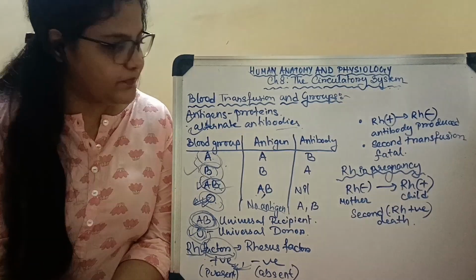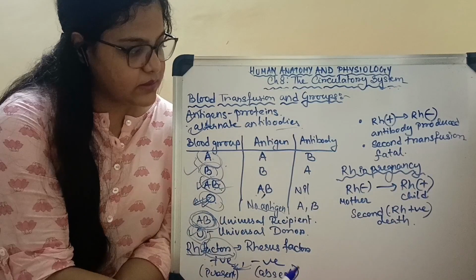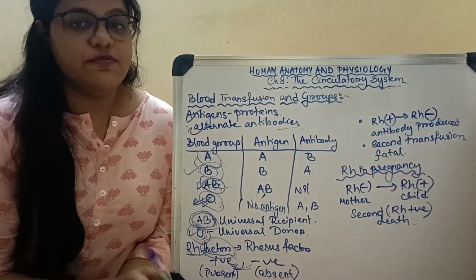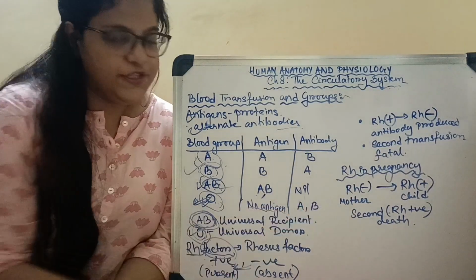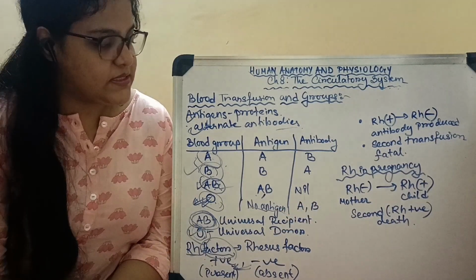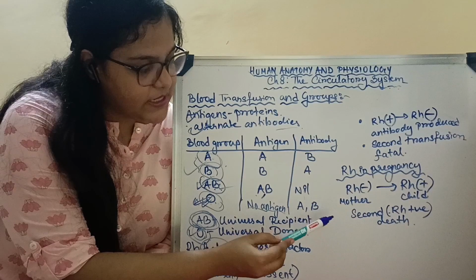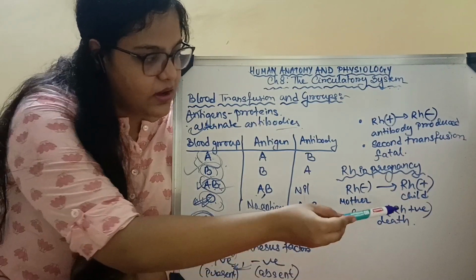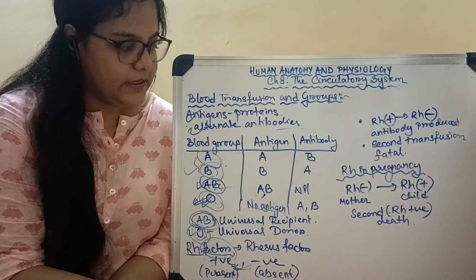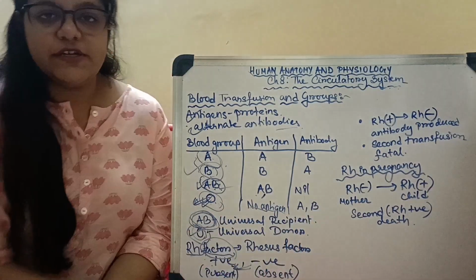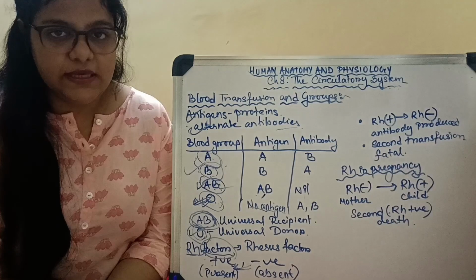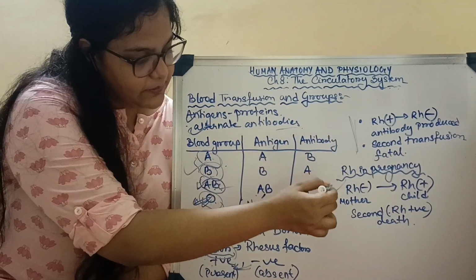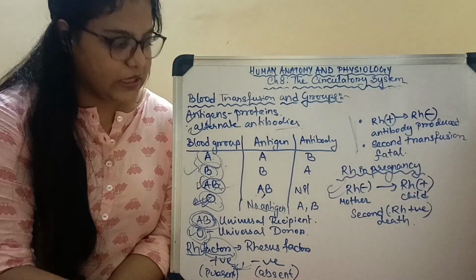Okay, clear? Now this is something that happens during pregnancy too. If the mother has Rh negative blood and she conceives an Rh positive child, the first child will create no problem, like both will be healthy, right? But as we have learned here, the first time it will create an antibody.